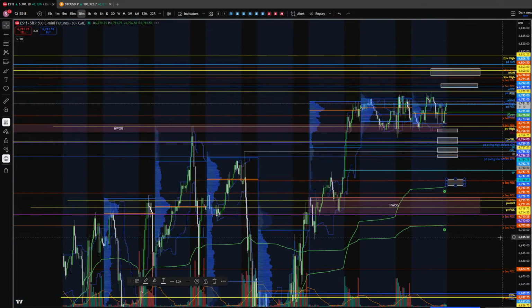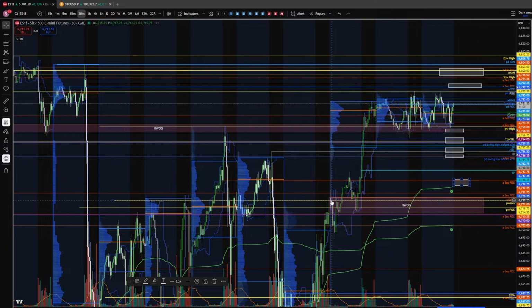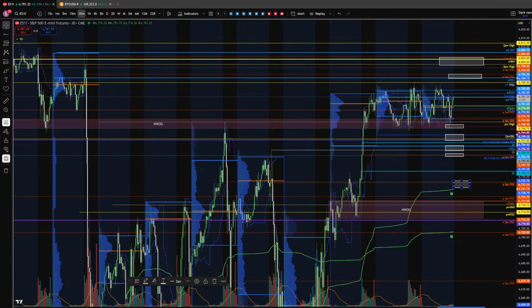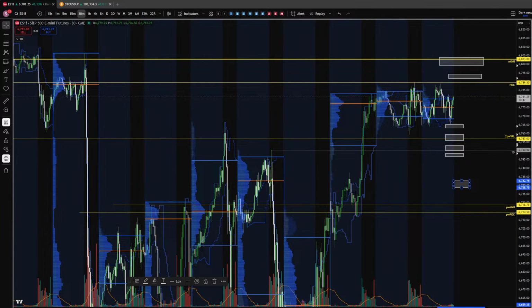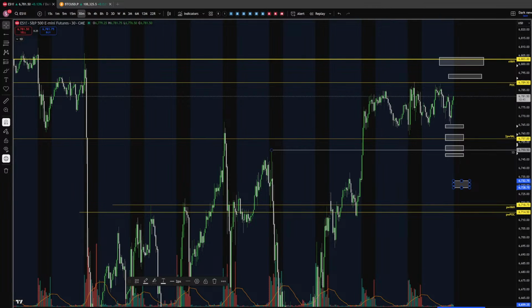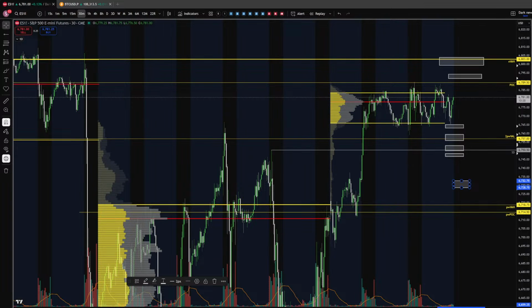Although we opened already Monday outside of the value areas, and I want to show you this. So this is interesting. This is also playing into the idea of a bounce in this region up, and then up from there. I will show you in an instant. Okay, so let's pull up the weekly volume profiles.